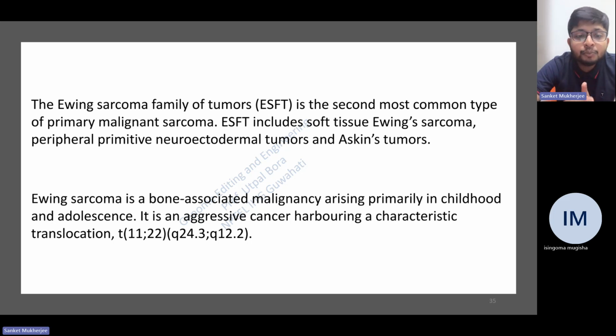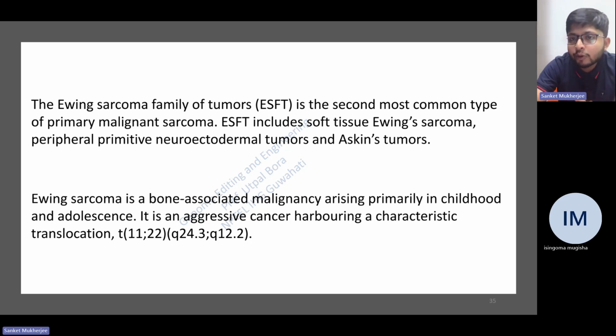Ewing sarcoma is a bone-associated malignancy arising primarily in childhood and adolescence. It is an aggressive cancer harboring a characteristic translocation. Here the translocation is between chromosome 11 and 22, where the q24 part of the 11th chromosome and the q12 part of chromosome 22 get translocated.